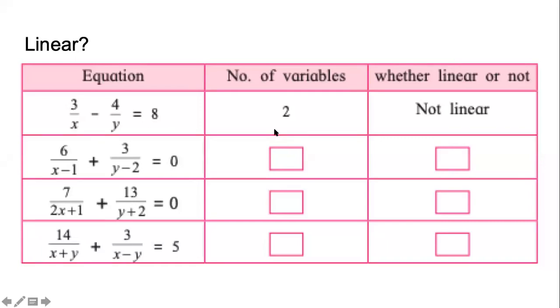Yep, all of them have two variables, correct? And the variables are x and y. The variables are x and y. So that is very clear. So one thing that is not new for us is that we are still dealing with equations that have two variables.